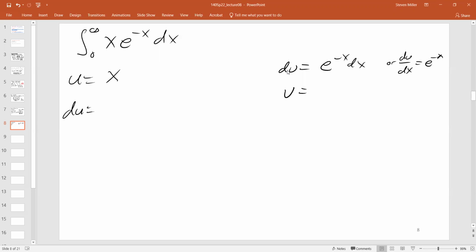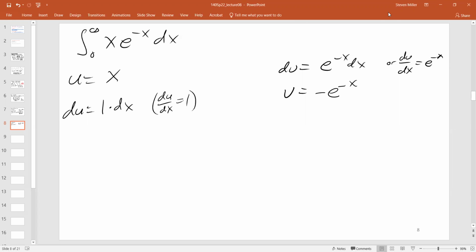What function has derivative e to the negative x? Yeah, negative e to the negative x. That's not so bad. And if u equals x, what's du going to be? It's going to be 1 dx, or we can just write dx. But basically, we get du dx equals 1.